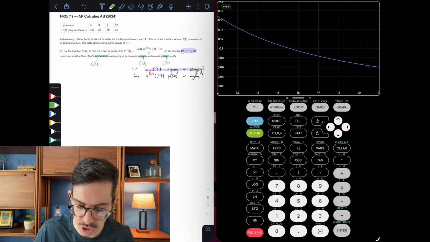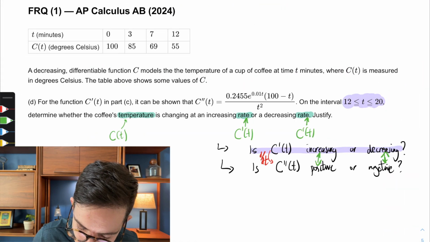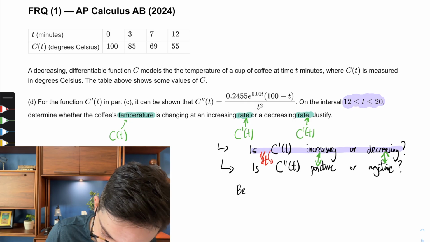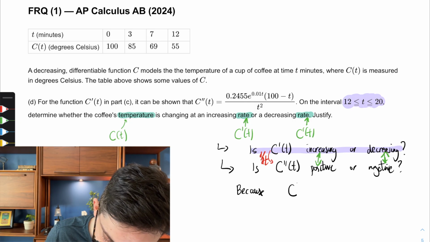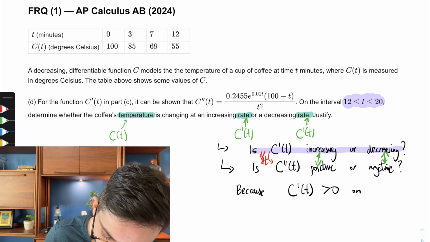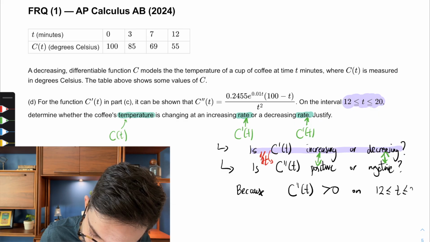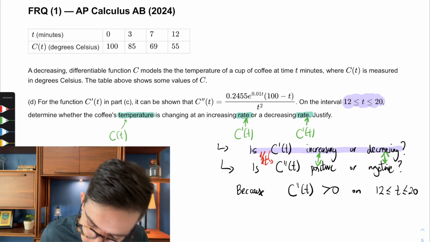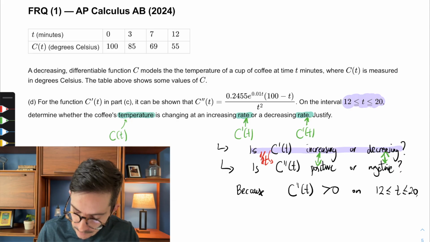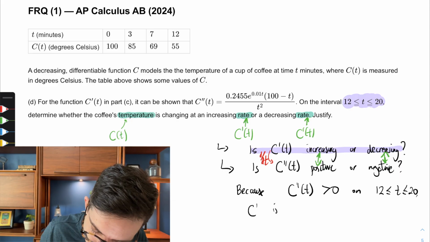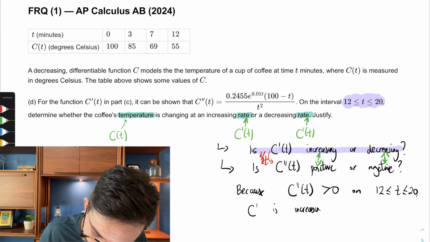So we're done. Let's just write up our findings. Because C double prime of t is positive on the interval from 12 up to 20, that means that C prime is increasing.